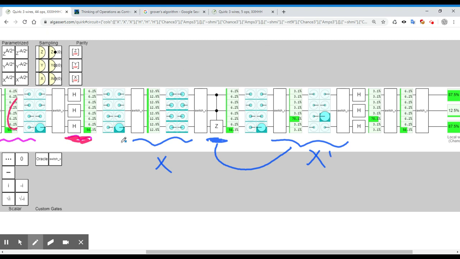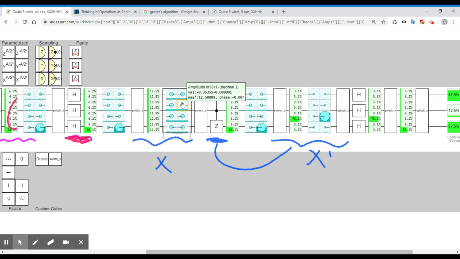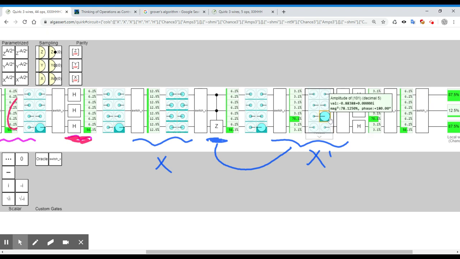So here they look like the opposite phases, but that phase doesn't change here.